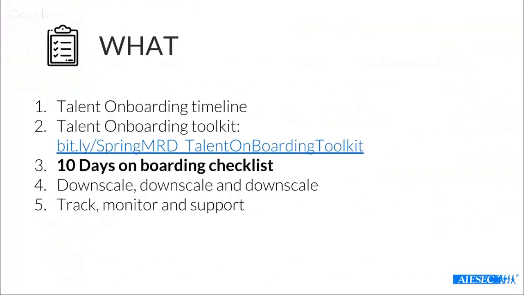You are the one who tracks, and sees what kind of support your team leader needs, in order to have a better understanding, or a bigger picture, of how they can implement this talent onboarding to onboard your newbies.